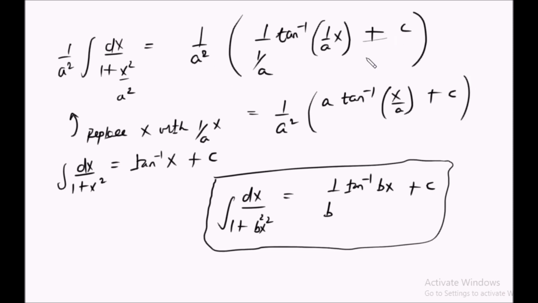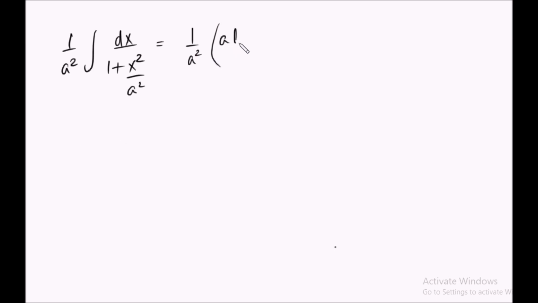So tumefika somewhere hapa. So I mean nimesimplify hii hapa ndio nimepata hii, okay? Tumefika hapa 1 over a squared. So when you integrate this one tumesema ni sasa na hiyo 1 over a squared. So hapa tuna a tan of inverse x over a plus c.